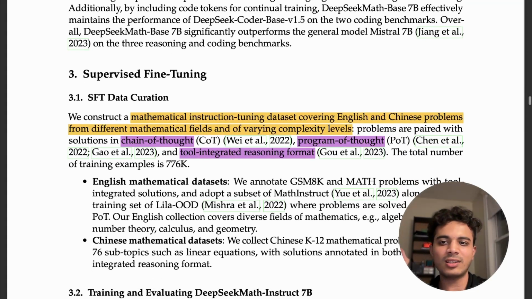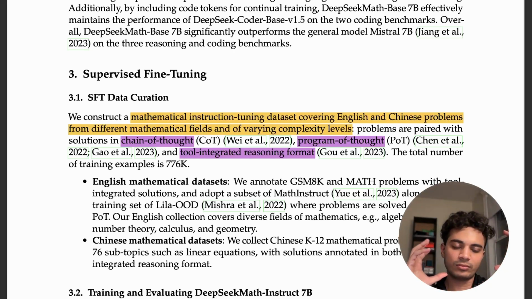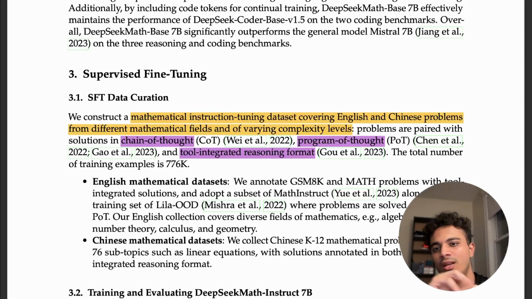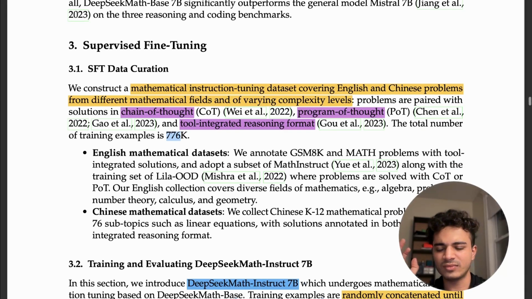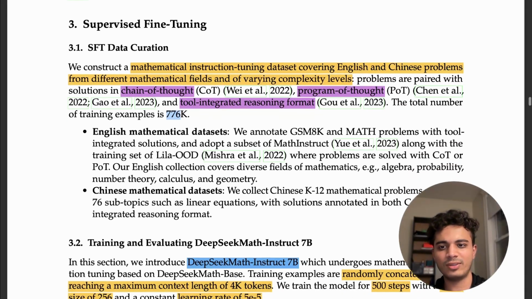Over here, they construct a mathematical instruction tuning dataset covering English and Chinese problems from different mathematical fields and varying complexity levels. The problems are paired with chain-of-thought, program-of-thought, and tool-integrated reasoning formats. And the total number of training examples is 776,000, which is pretty good enough.